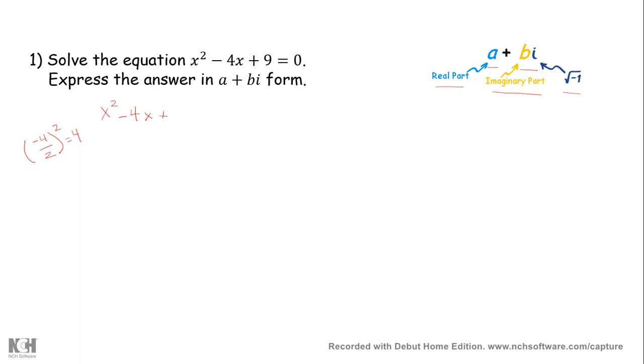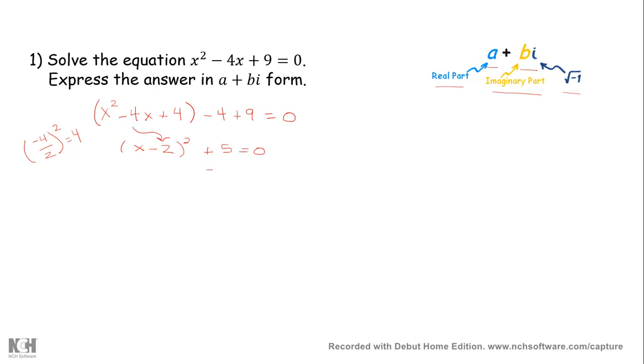So I'm going to add 4. But I can't just add 4, I then have to subtract 4, and then bring down that plus 9 equals 0. So now I have my binomial squared, x minus 2 squared plus 5 equals 0. Remember, half of your b value goes into your binomial squared.